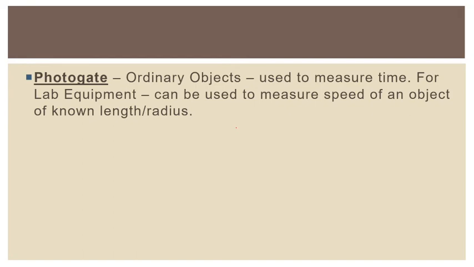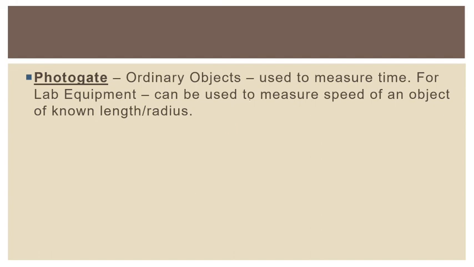Notice I also wrote known length and radius, because if we input the radius of a round object that passes through the photogate, then we also know how much distance is passing through the photogate in a certain amount of time. And so that allows us to do it that way too, right?